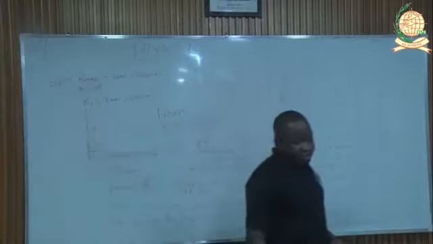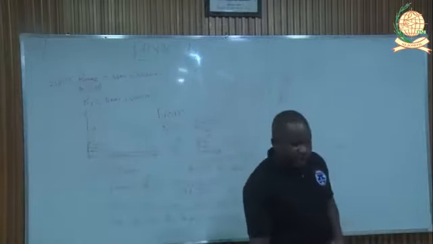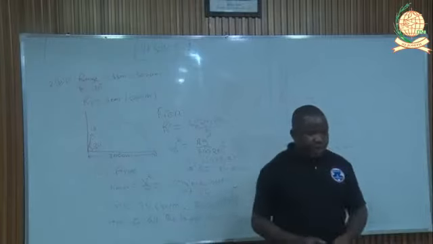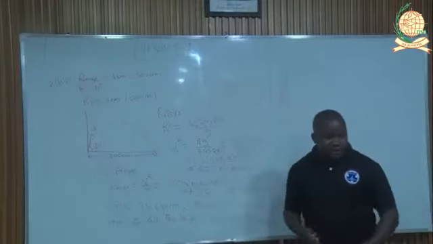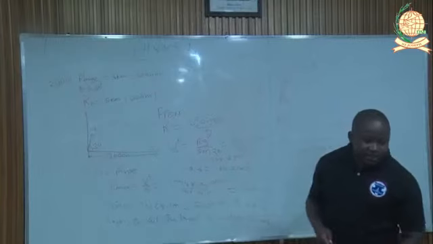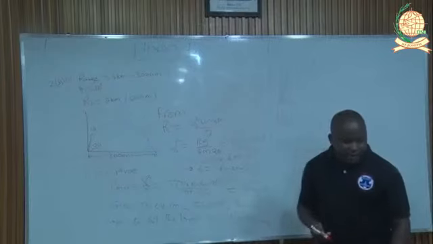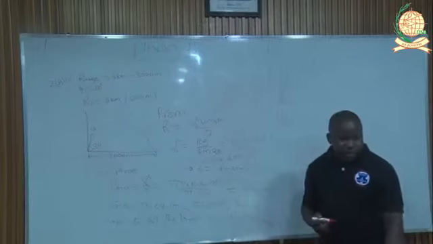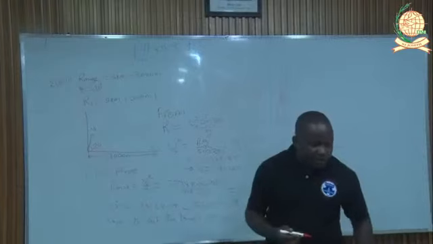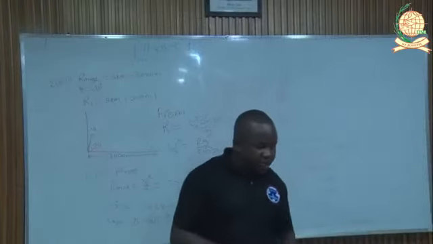Moving to next question, part C. Two particles A and B are projected at the same time in the same vertical plane, whereby A is projected at height 2 meters above the ground, making an angle 30 with the horizontal.